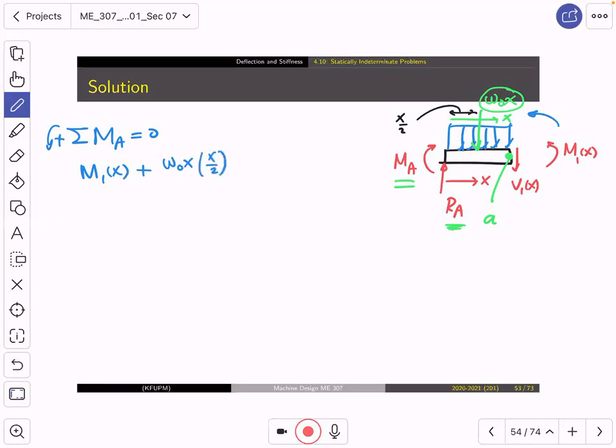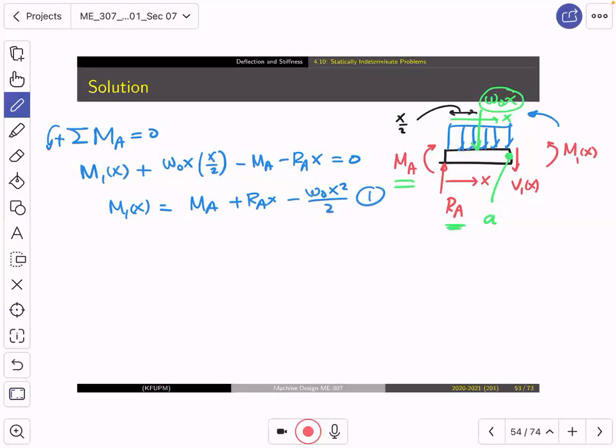That's the force by distance, minus MA minus RA multiplied by x equals 0, which means that M1x is equal to MA minus RAx minus W0 x squared over 2. And this is my first equation.